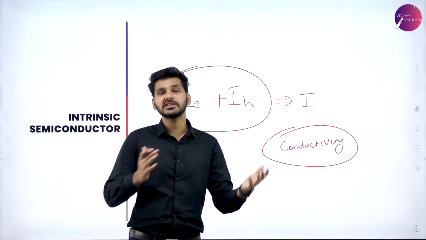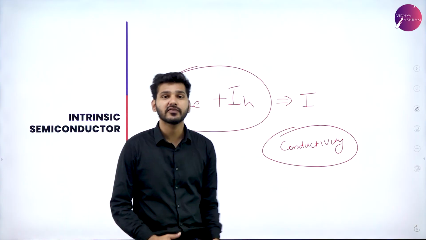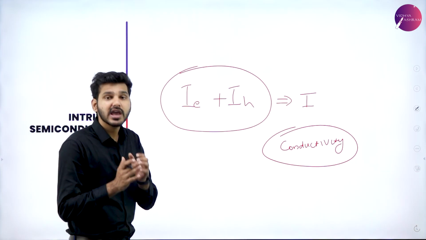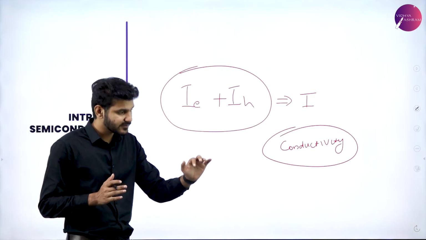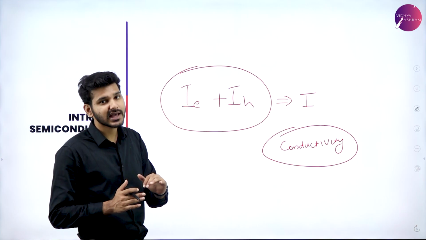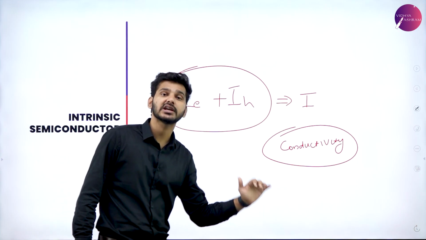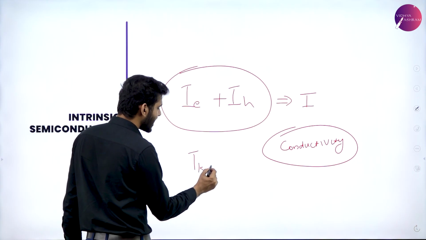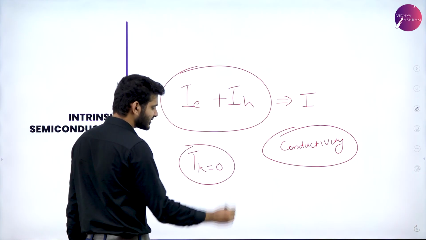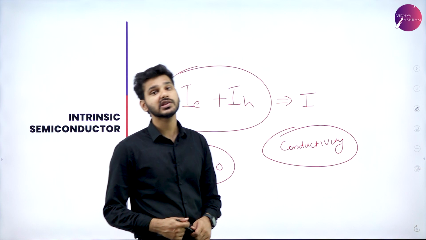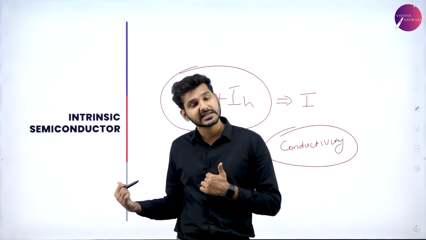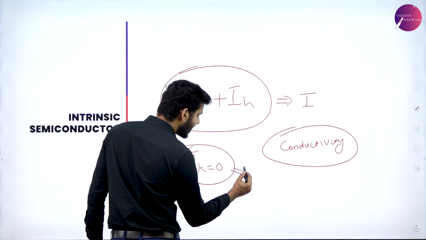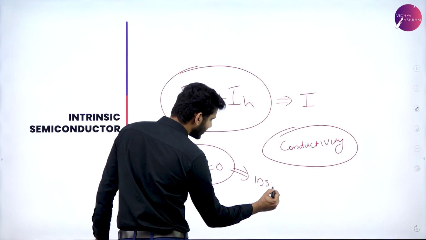Depending on the ambient temperature, the conductivity of the intrinsic semiconductor varies, which means that if temperature is decreased beyond a level, the conductivity also decreases. Theoretically, at absolute zero or at low temperatures, the intrinsic semiconductor will behave like an insulator.